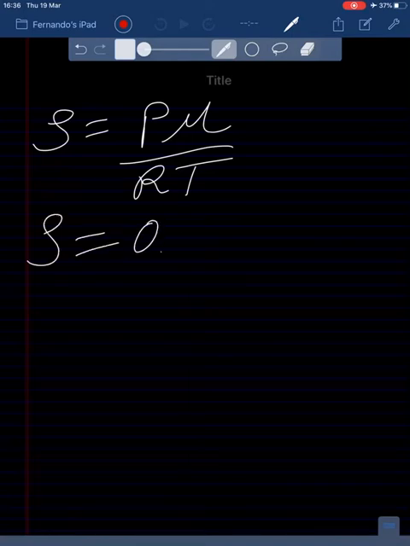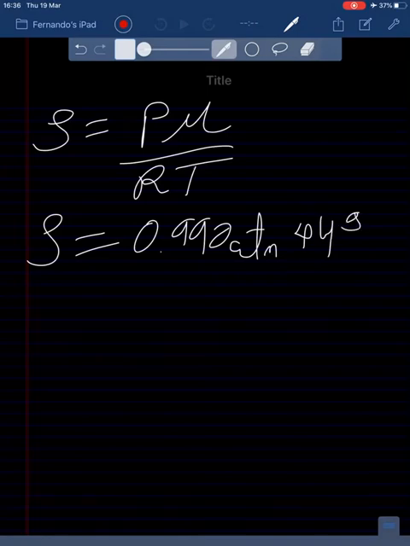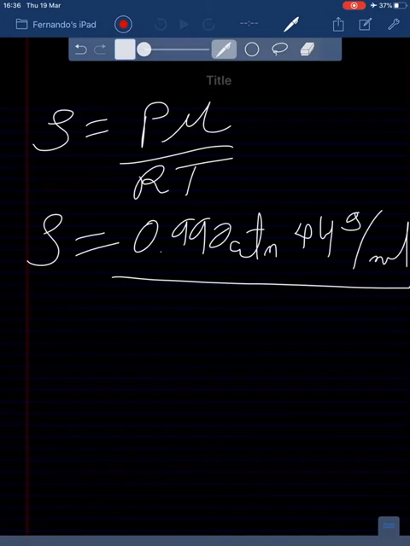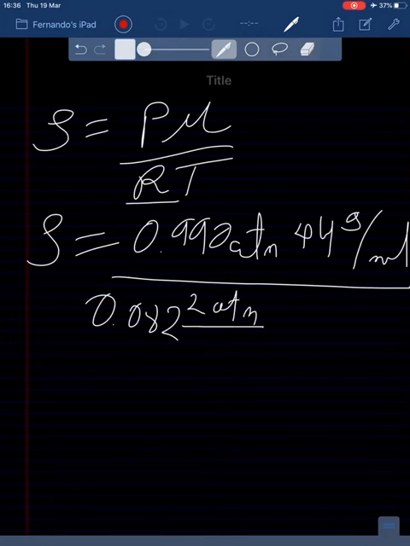So I have 0.990 atmospheres times the M, which is 44 grams per mole, over the gas constant, which I know is 0.082 liters atmospheres per mole Kelvin, right?